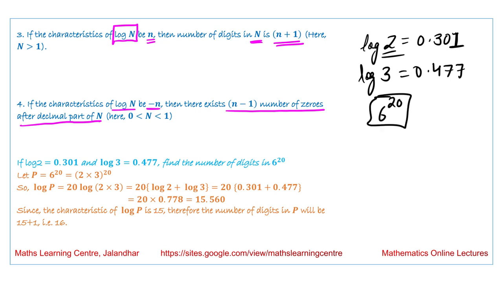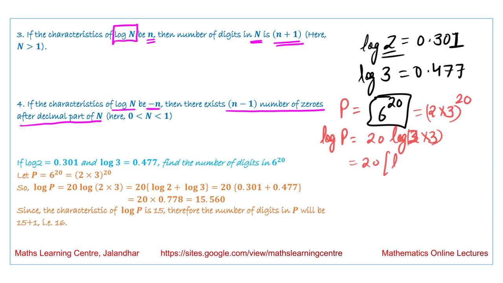Suppose we write 6 raised to the power 20 as the number p, and we write it in this form: 2 into 3 raised to the power 20. If we take log, we have log of p is equal to 20 into log of 2 into 3. This is equal to 20 into log 2 plus log 3.